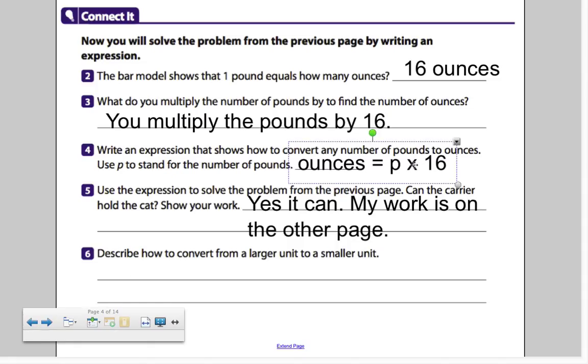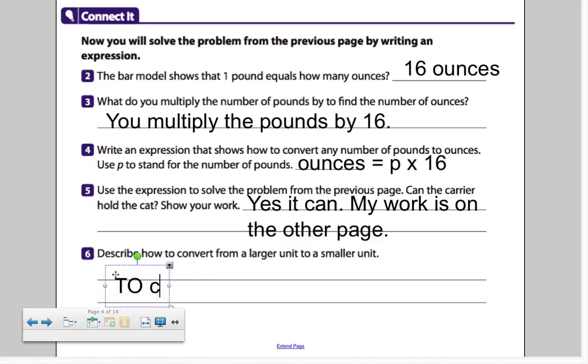You can see this symbol. So it shouldn't surprise you that when they ask you to describe how to convert from a larger unit to a smaller unit, multiplication is the answer. Like you might think, oh, first you have to, no. It's simple. It's a one-word answer. Don't let it confuse you. It's only confusing if you let it confuse you.